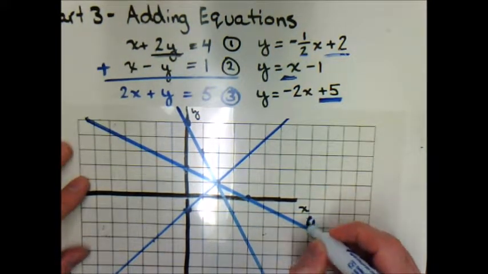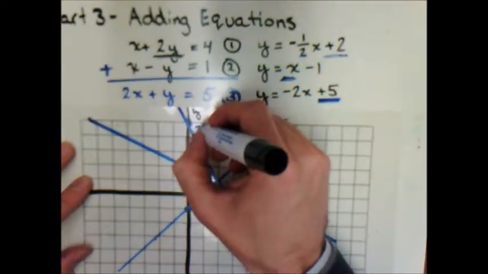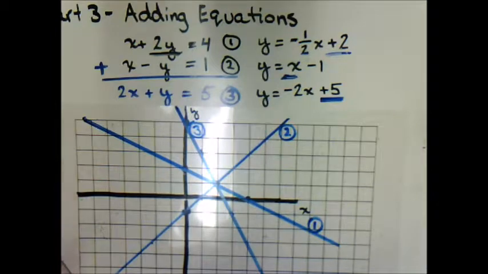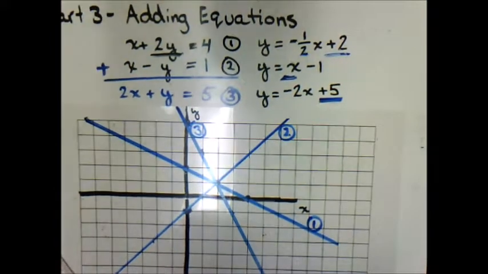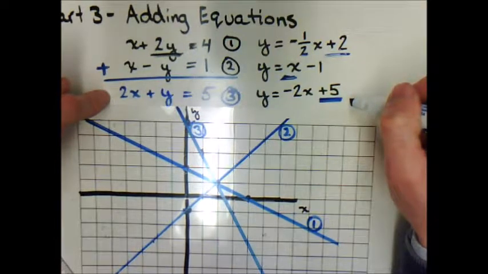So we had line number 1, line number 2, and now equation number 3. What do the 3 lines have in common? Yeah, they all intersect at the same point. So that means that these 3 lines have the same solution.